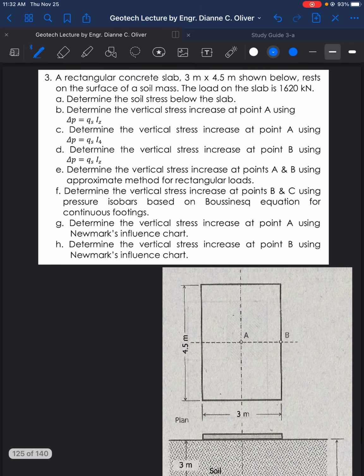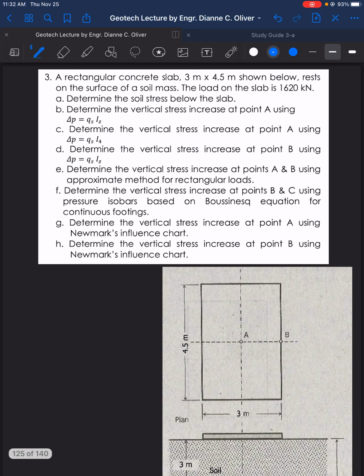Using this plan and profile, we have here the load on the slab, which is 1620 kilonewton. So this is a point load, 1620 kilonewton.